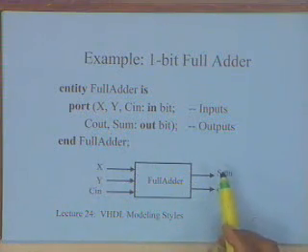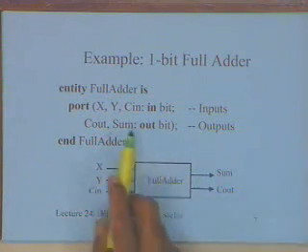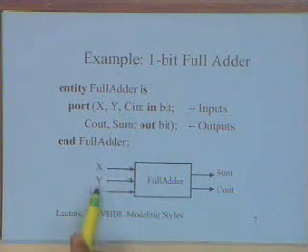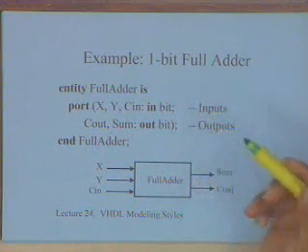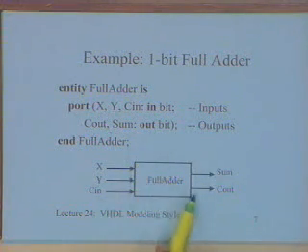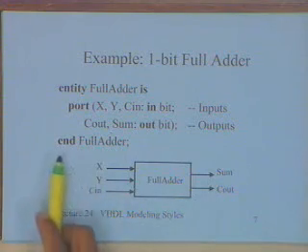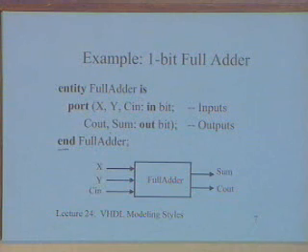The language is case insensitive, so you can write it in lower case or upper case, it does not matter. This is for the comments, which are just comments as far as the language is concerned. So sum and C out are the outputs, and end full adder closes the entity declaration, defining all the inputs and outputs. For bidirectional signals, as I mentioned before, you also have inout.